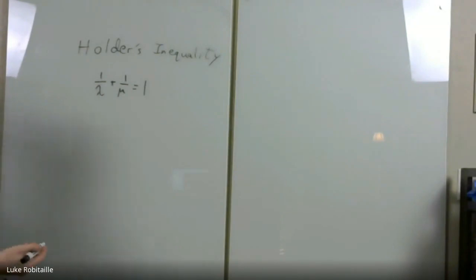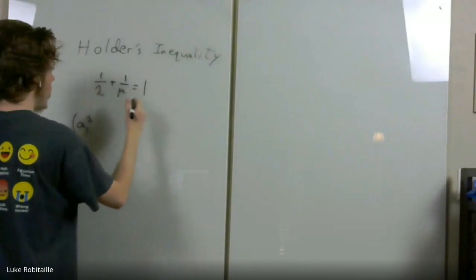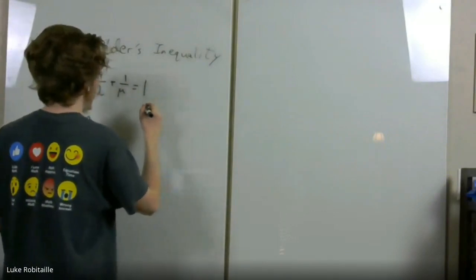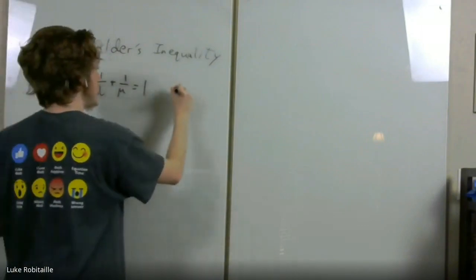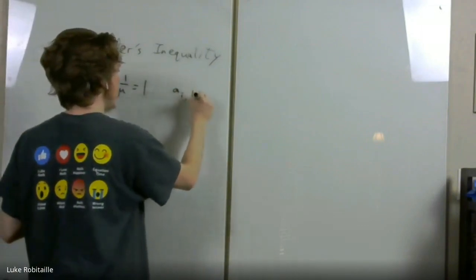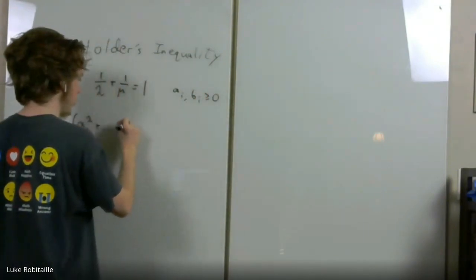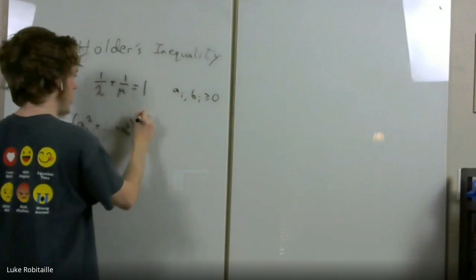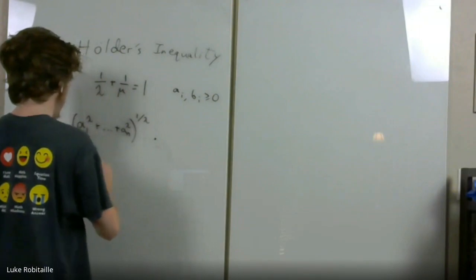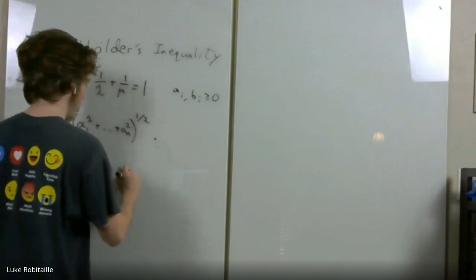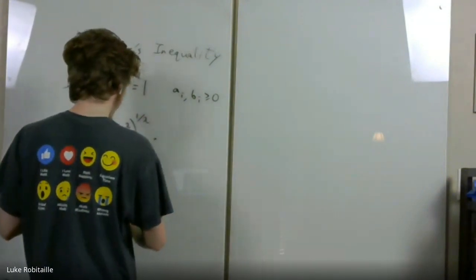Then the version for two sequences would tell you that if you have non-negative real numbers ai and bi, then this times this is greater than or equal to this.